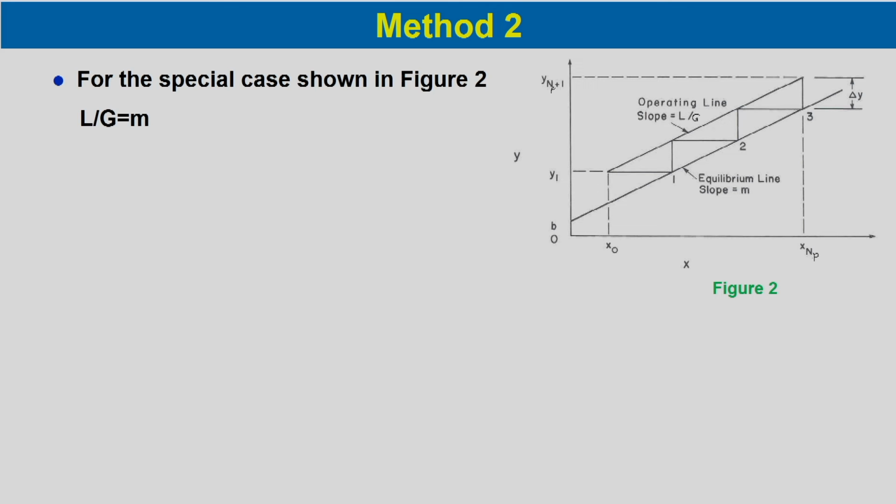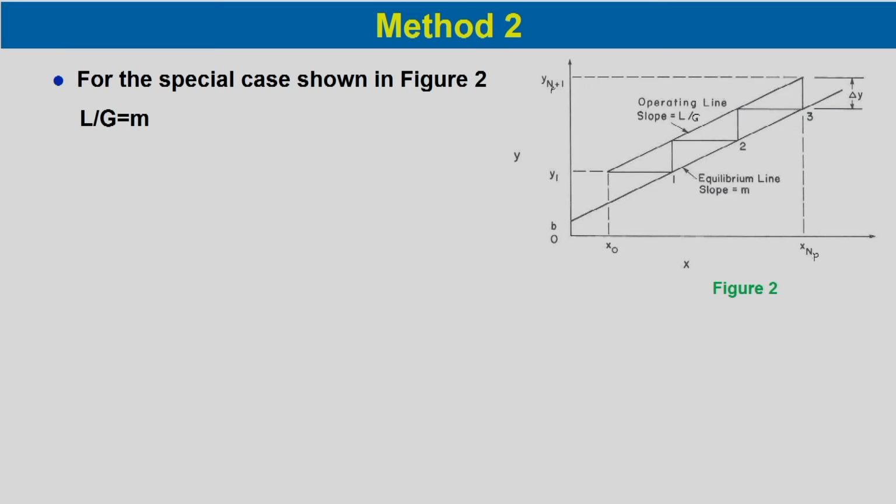Now, for the special case shown here, L by G is equal to m, that is L by m G is equal to 1.